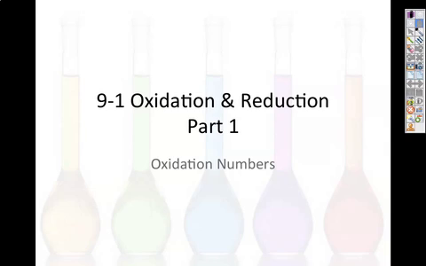We'll go through the very basics of how we assign oxidation numbers, and then throughout the unit we'll look at what actual reactions are with oxidation and reduction, and how to analyze and look ahead to anticipate what reactions would happen, and then finally look at some more of the real-life applications of batteries.